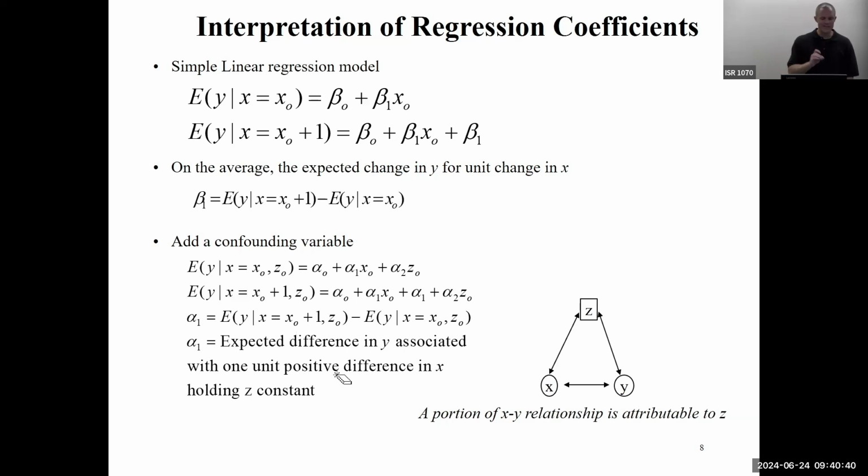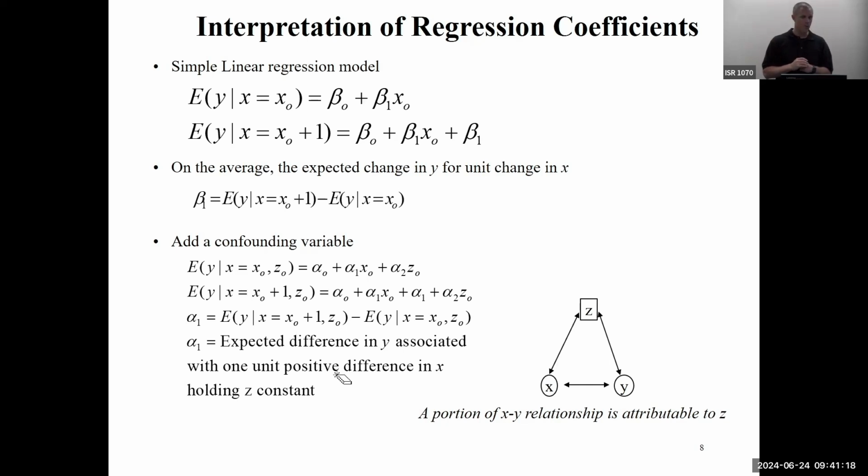So looking at the difference in the expected values of y given those two regression functions, we can say that on average, the expected change in y for a 1 unit change in x is simply equal to beta 1. If we take the larger regression function and subtract the smaller regression function, all that's left is beta 1. Okay, so that's the common regression interpretation of these coefficients: as that predictor increases by 1 unit, the expected value of the dependent variable is expected to change by beta 1, whatever that parameter is.